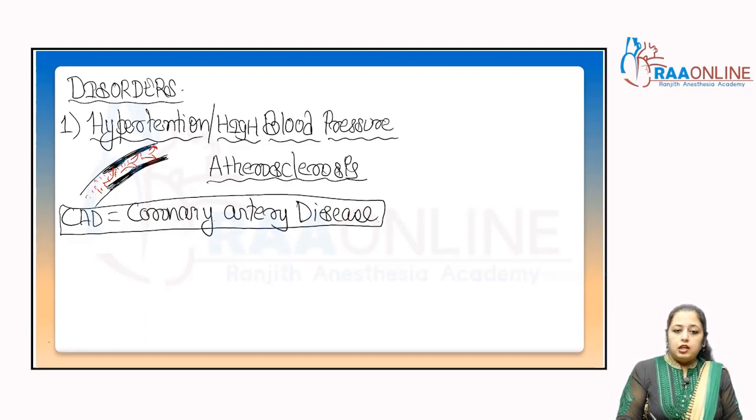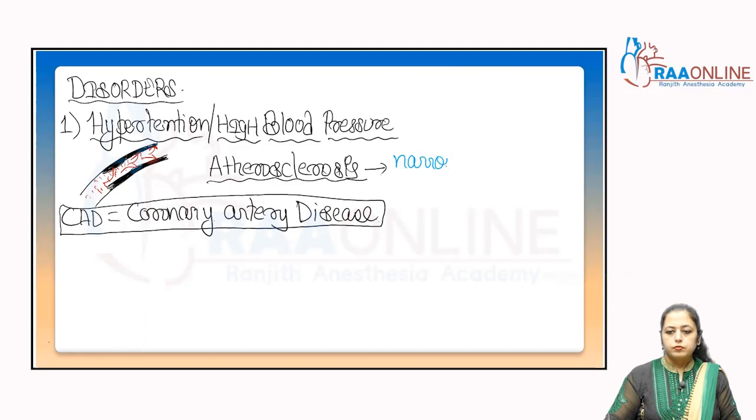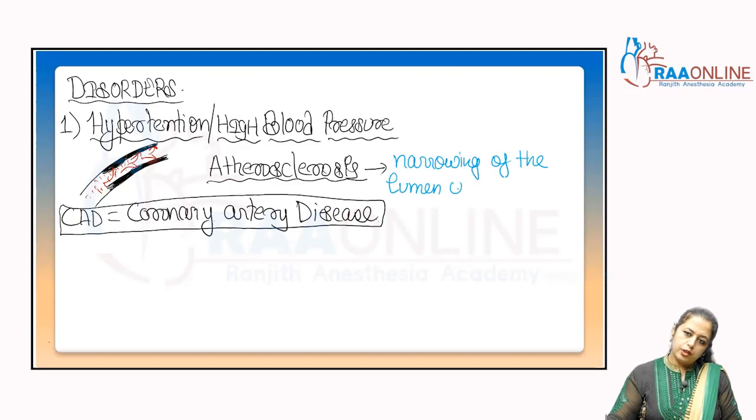Actually, it is the narrowing of the lumen of the artery due to the deposition of triglyceride substances. Clear? What is atherosclerosis? That is the narrowing of the lumen of the artery, right? That is called atherosclerosis.